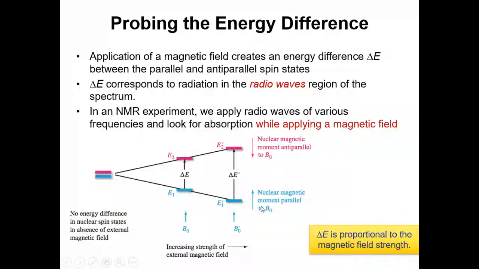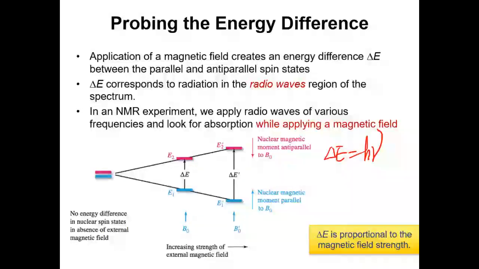Because you have two states, you have an energy difference between them. If you introduce electromagnetic radiation with frequency nu, and h nu equals delta E, then those nuclei in the lower energy state can undergo a transition to the higher energy state, and the photon will be absorbed.